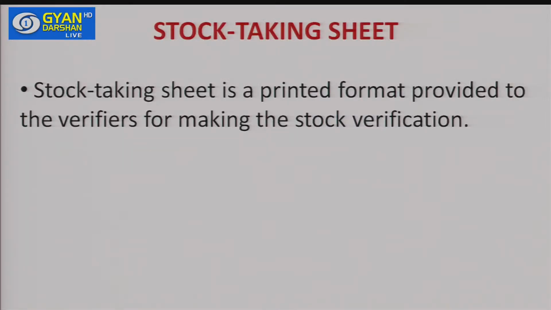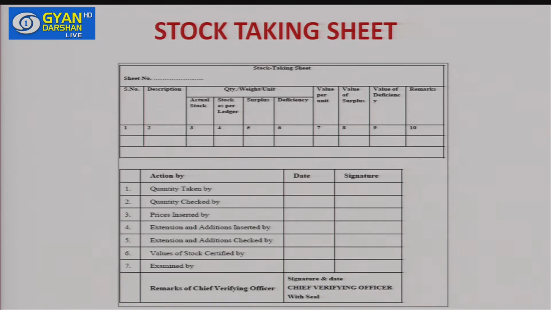Now I will share with you a very important document, that is the stock taking sheet. This sheet comes in a printed format, and it is provided to the verifier who is going for stock verification. I have given a snapshot of that sheet.